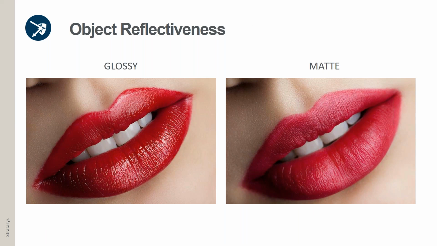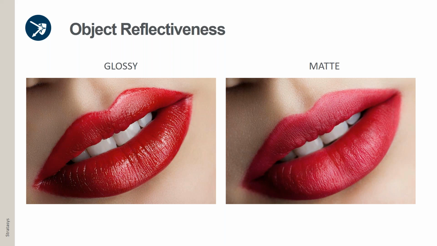The next point is the object reflectiveness. So the difference between something glossy and something matte. The color of the lipstick of this girl, I think it's a girl, is everywhere the same.